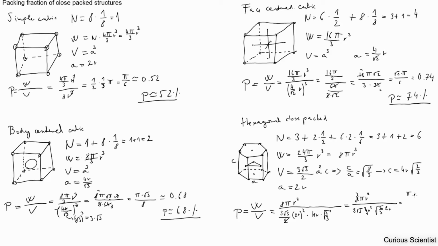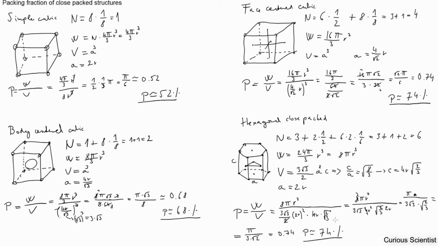So I think it will be pi divided by 3 square root of 2. So this is 74%.